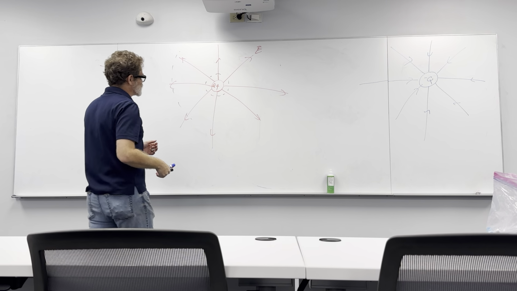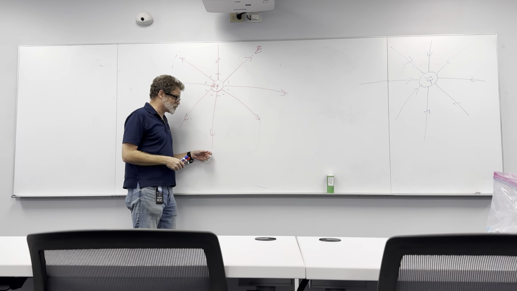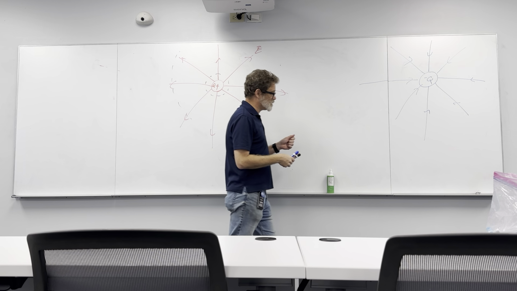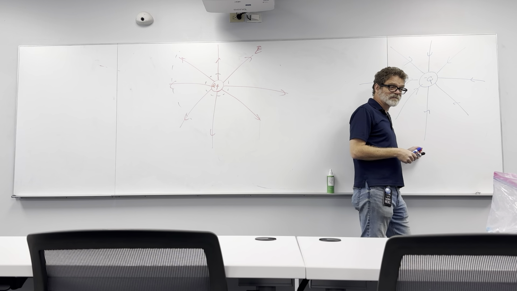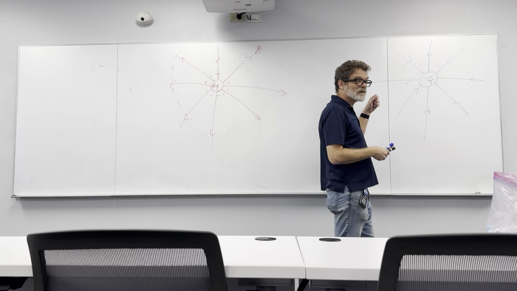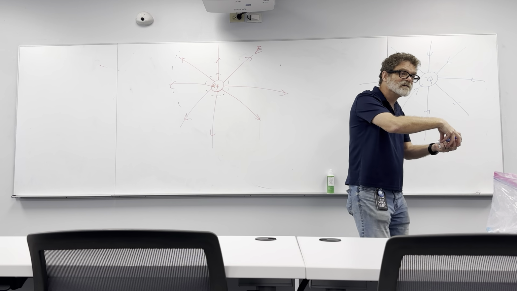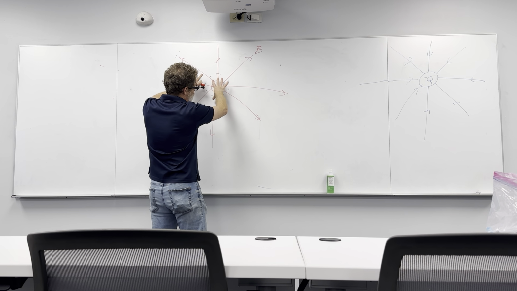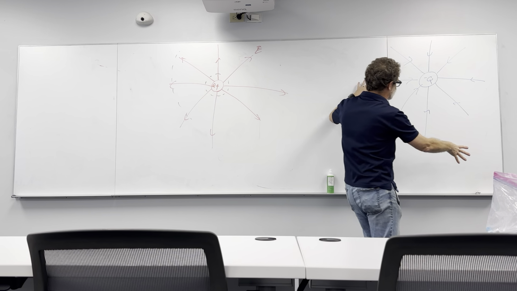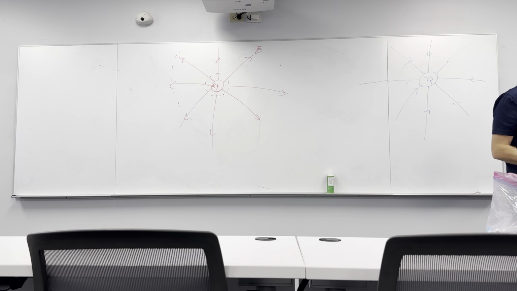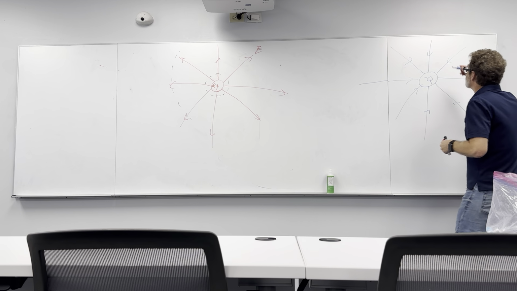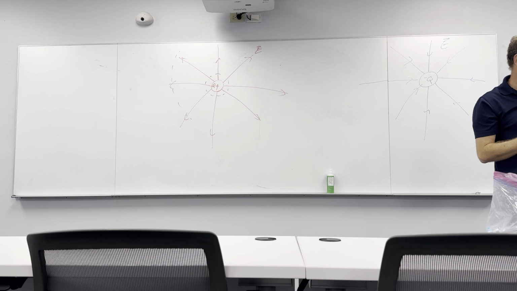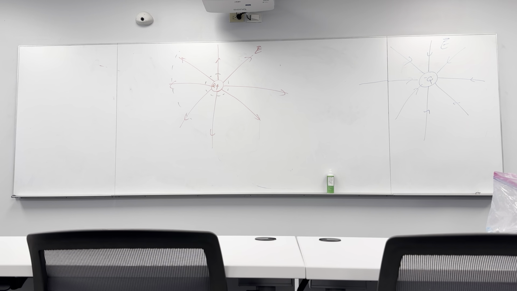So, we can think of positive charges as sources of electric fields, and negative charges as sinks. Electric fields go into the negative charge. That's a sink, like a drain. So the electric field flows out of the positive charge and flows into the negative charge. Okay, so this is the electric field around my negative charge. And these fields exist through space.